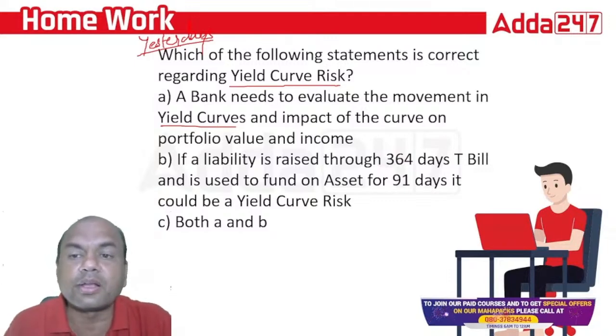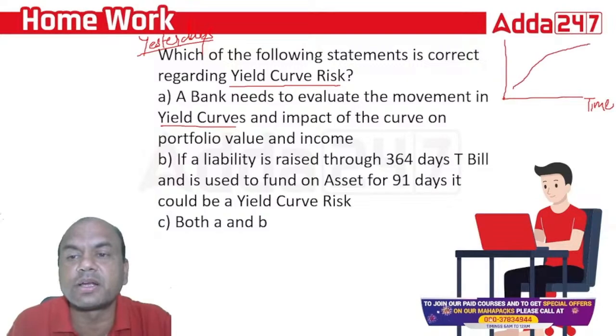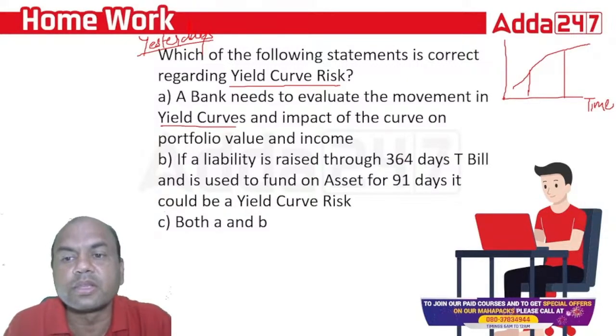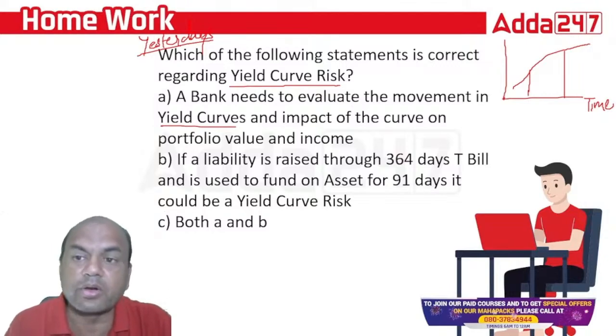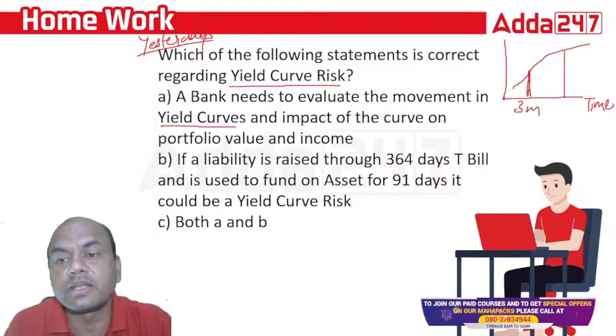So when I plot these various yields for various maturities, this is time, for various maturities, I get this curve, and this curve is known as yield curve. So let's say for a bond of AAA rating of various maturities, 3 months to 10 years, suppose I plot these bonds and the yield of these bonds.